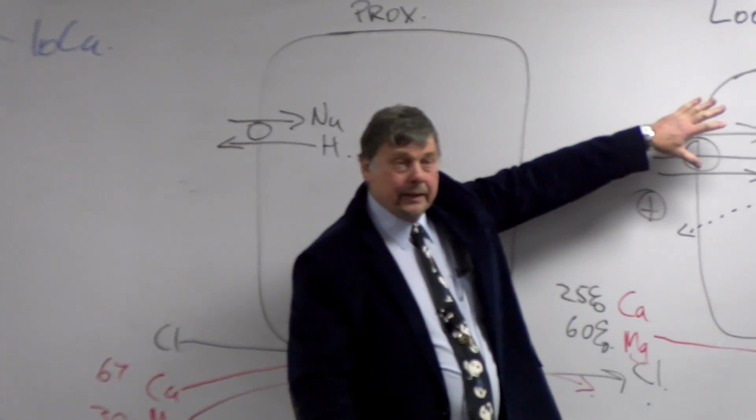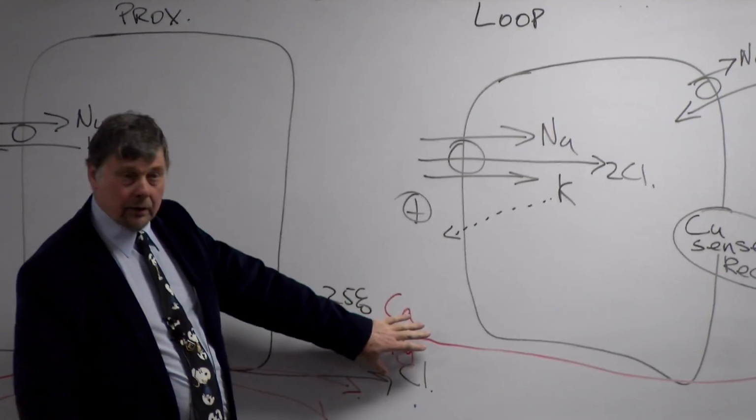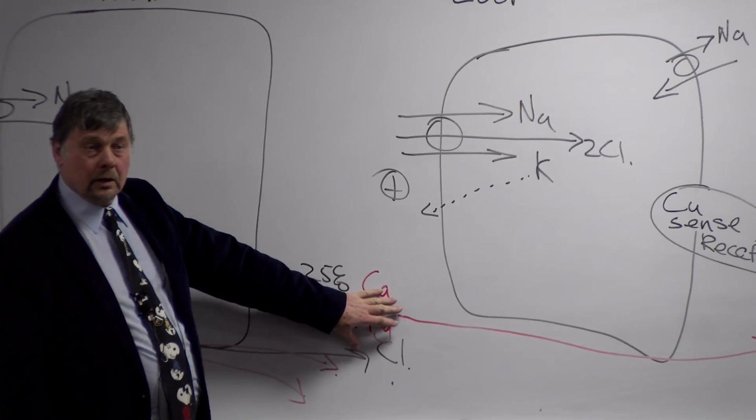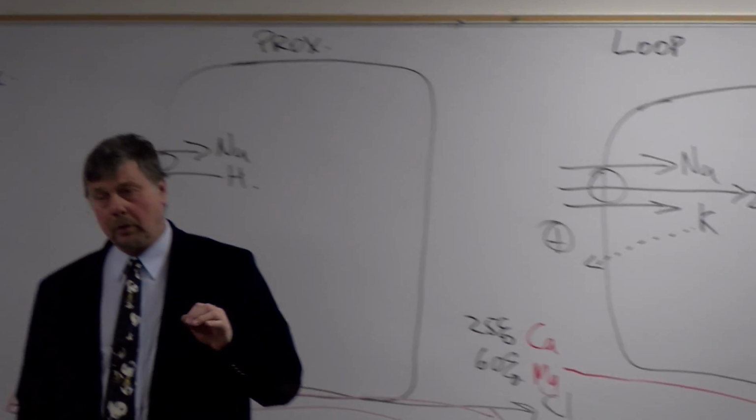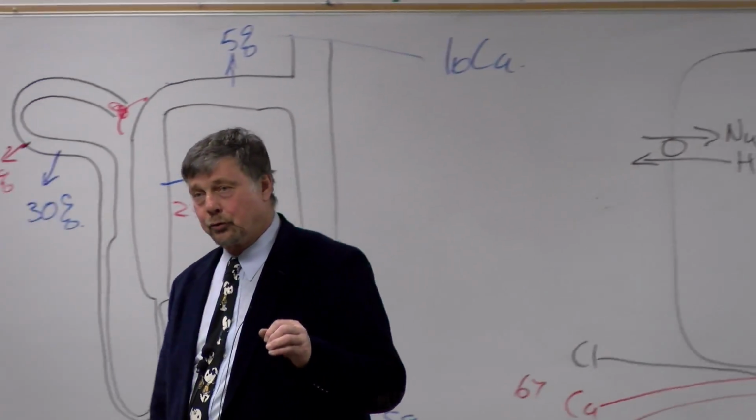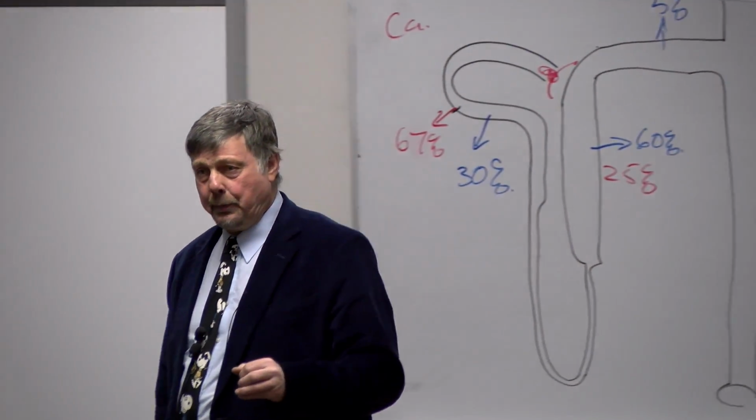Furosemide would block this, it would block this, and you'd lose calcium in the urine, yes? And so indeed, that's one of the clinical mechanisms for treating a hypercalcemia. Give furosemide, and it interferes with this system, and you pee out a lot of extra calcium.